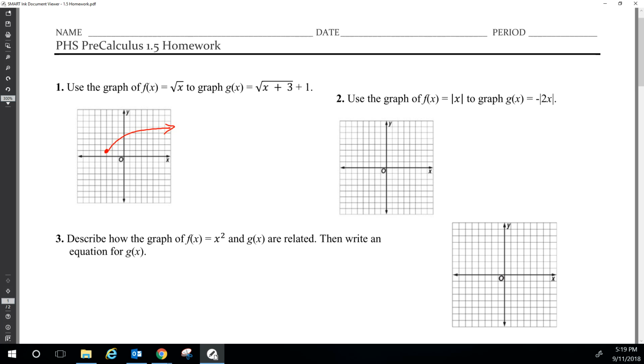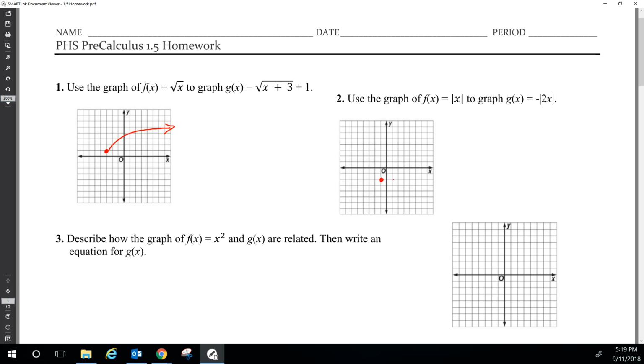For number 2, we've got an absolute value function. Normally it looks like a V, right? But this says negative, so it should be a negative V. And then I've got a horizontal change, because it's inside the absolute value, we do the opposite. It says multiply by 2, instead we're going to divide by 2. Which means instead of going down 1 over 1, we're going to go down a half over 1, so down 2 over 1.